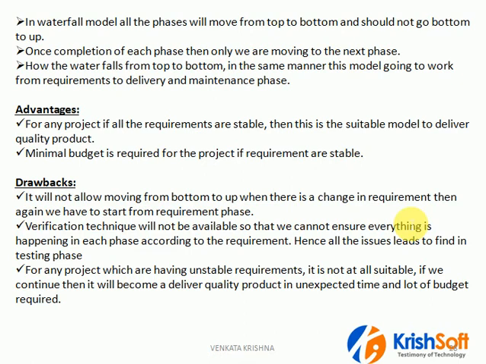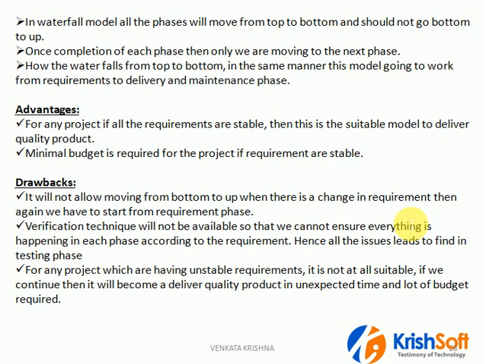And also here minimal budget is required, because wherever the phase is, only that phase's people are involved. If design is completed, then architects will move to another project. Then the developers will start the coding. Once coding is completed, most of the developers will go to another project, one or two will stay to fix the bugs. Then when the testing phase starts, only testing people will be there.